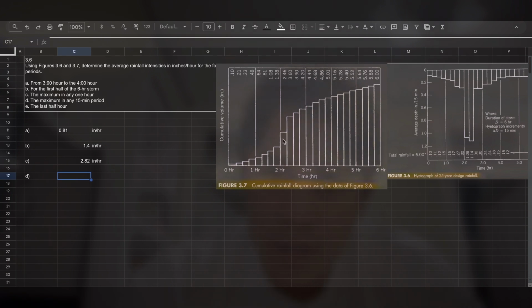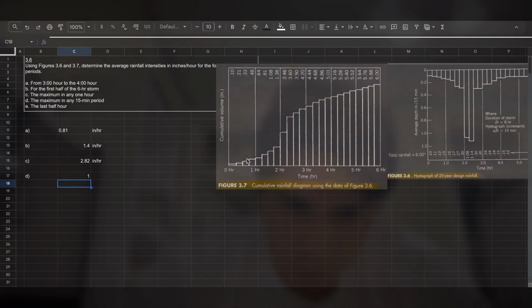Okay, these two are very similar, but I already found out before I made this video that this difference, this minus this, is actually higher than this minus this. So let's just compute that. Equal 3.6 minus 2.46. And that's gonna give us 1, but we need it for a 15-minute period.